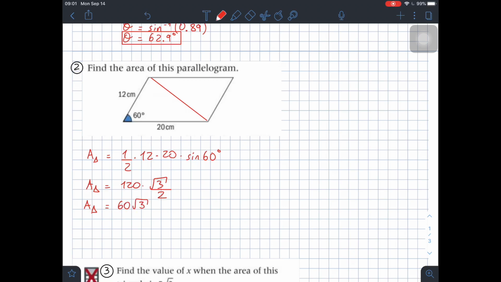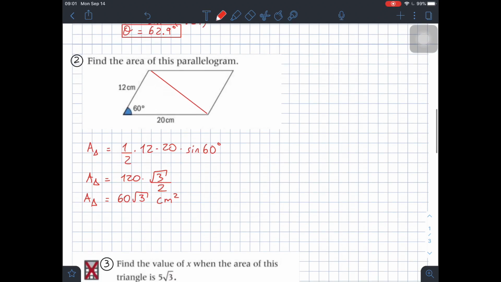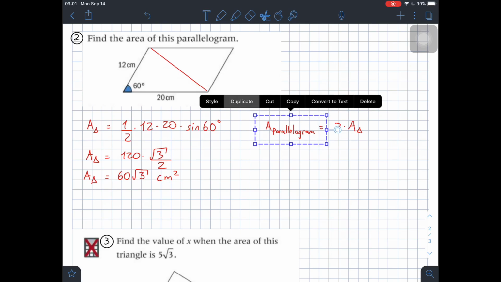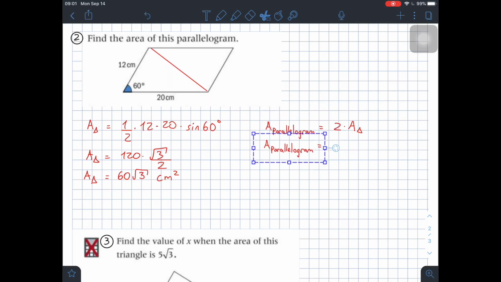You can leave it like that, okay? This is centimeters squared. So once we have found the area of the triangle, we can say that the area of the parallelogram is 2 times the area of the triangle, right? So we would say that the area of the parallelogram is equal to 2 times 60 √3.